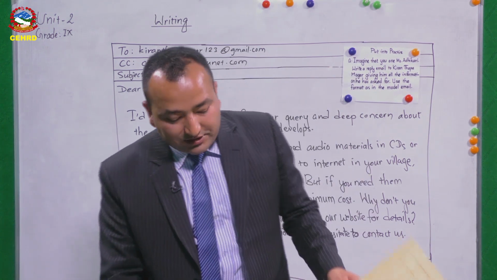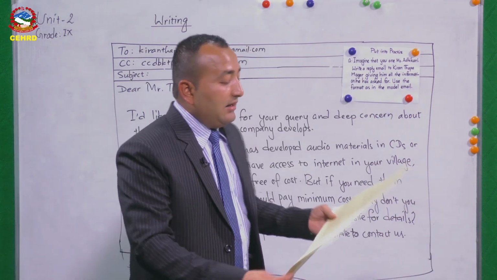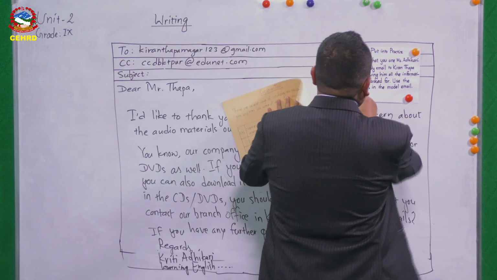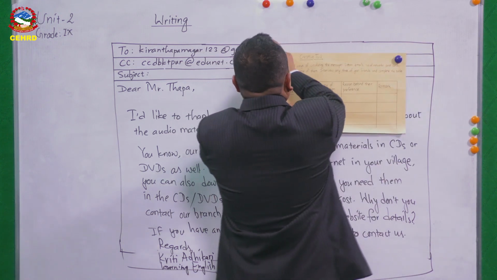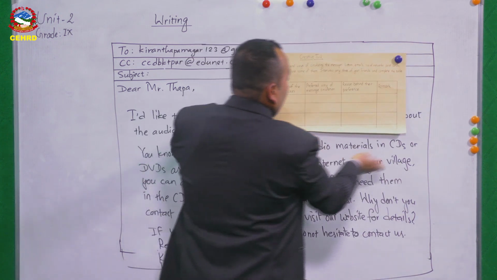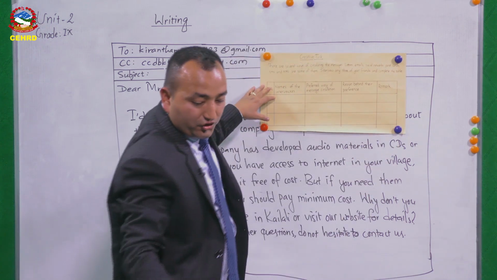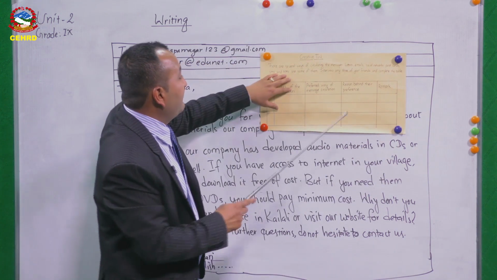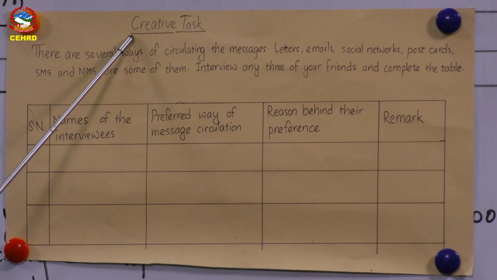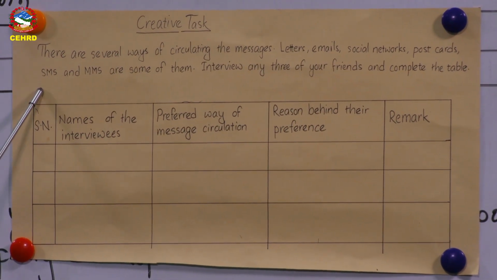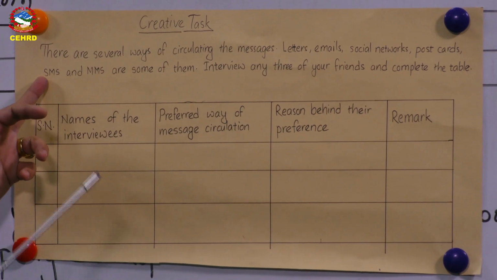Now we have got a second question also. Very quickly you can see this. I would like to draw your attention to this question. I'm not doing this right now here, but whether you can see or read it on the screen or not, it may not be visible to you here. Creative task, you can see in your textbook also. There is the next question, creative task.